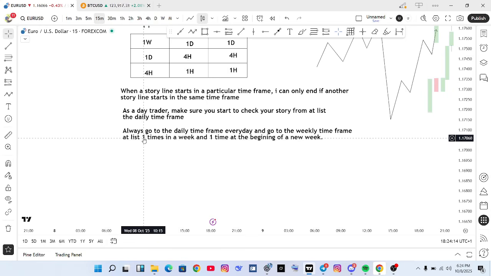And then at the beginning of the week, you should make sure that you go to the weekly time frame every beginning of the week. So you can choose to go 3 times in a week or 2 times in a week. You can choose to go just once in a week and then at the end of the week too. But just make sure that at the end of every week or at the beginning of every week, you should go to the weekly time frame to see what is happening in the weekly time frame.